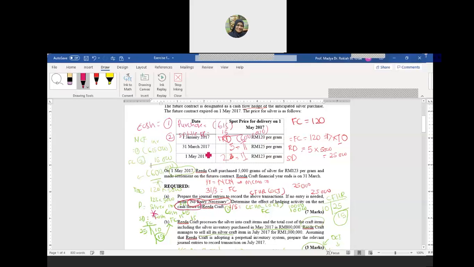If you don't have the forward contract, you need to pay 615, but with a forward contract, you only pay 600. Is that clear? Okay, clear. Thank you, Doctor.